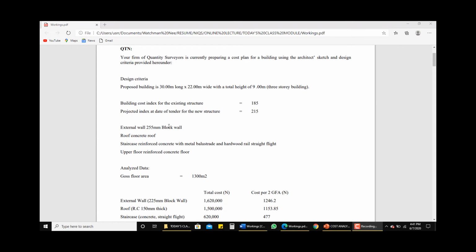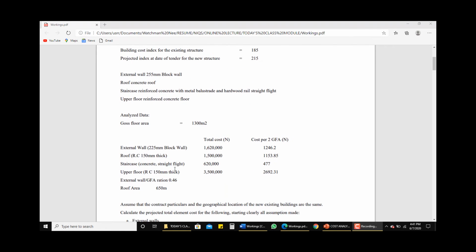So the external wall of this existing project is 225 block wall, and the roof is concrete roof. The staircase is reinforced concrete with metal balustrade and hardwood rail straight flights. Then the upper floor is reinforced concrete floor.